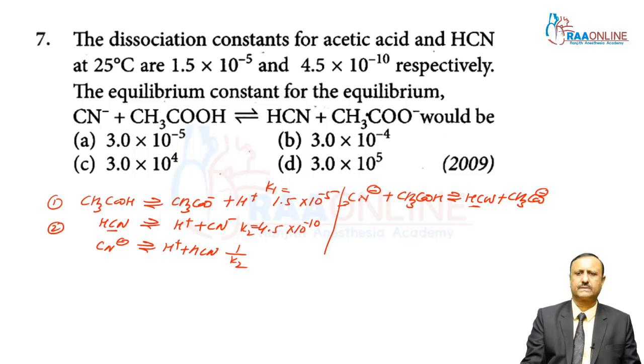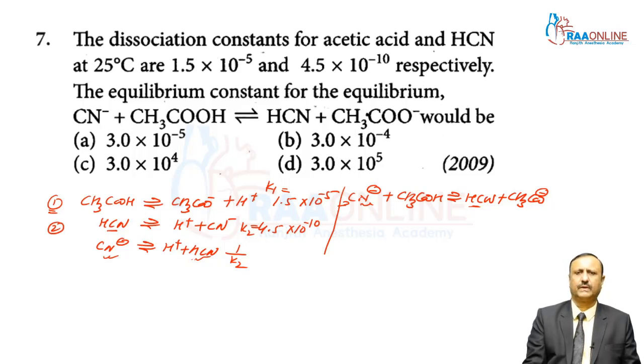Here you get acetic acid giving acetate ions and H plus ions. Now, my dear students, when you reverse this reaction, you obtain H plus ions, CN minus ions and HCN. Now we see reaction number one: acetic acid, acetate ions and H plus ions.